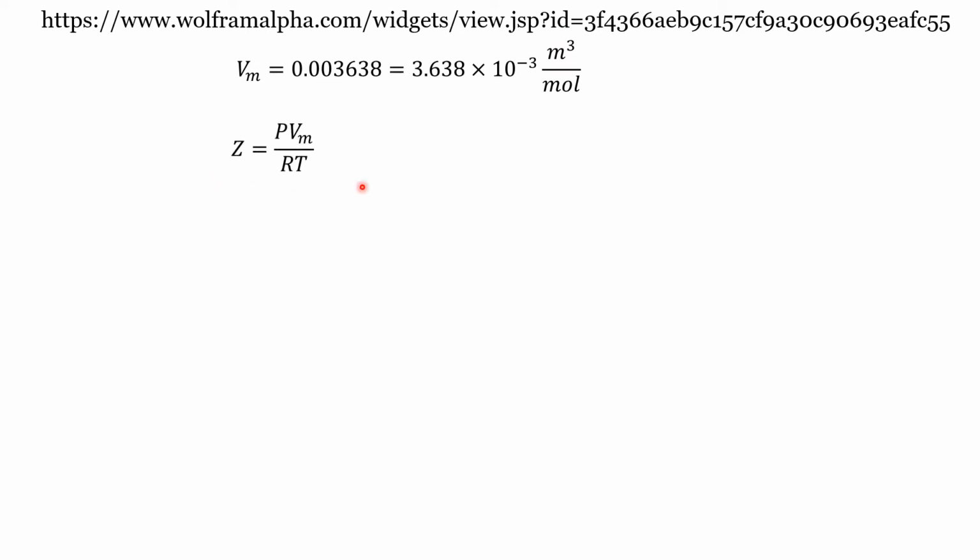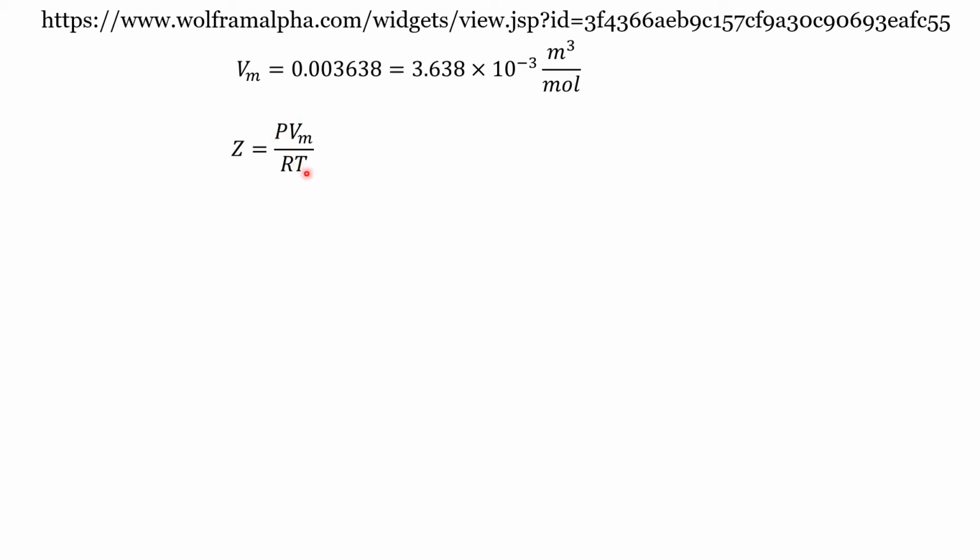Using this website we can solve the previous equation. After solving, the molar volume comes out as 3.6 × 10⁻³ m³/mol. Now we can estimate the compressibility factor, Z = PVm/RT.